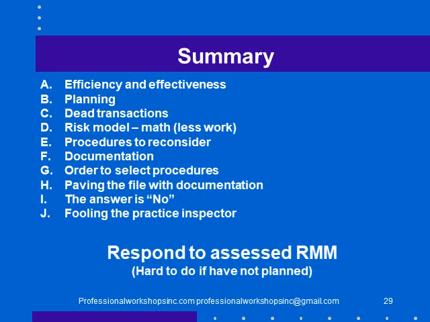Talked about documentation, which is necessary, but over-documentation is unnecessary. Talked about the order in which to select procedures. Start with the simple, easy ones and move up through the hard ones as risk of material misstatement increases. Talked about paving the file with documentation, which is just generally a bad idea and leads anybody looking at your file to realize that you don't know what you're doing and you're not responding to risk of material misstatement.